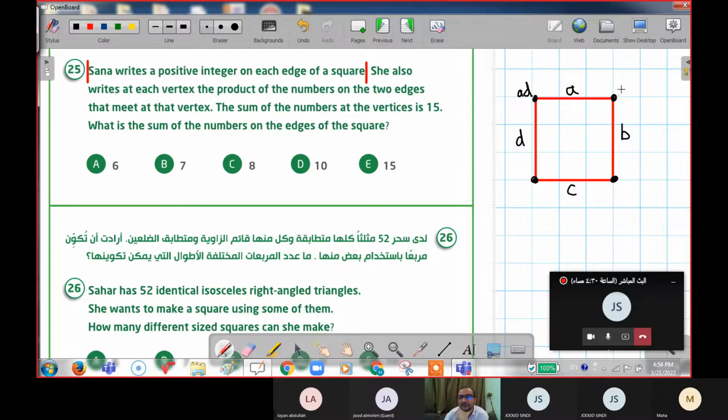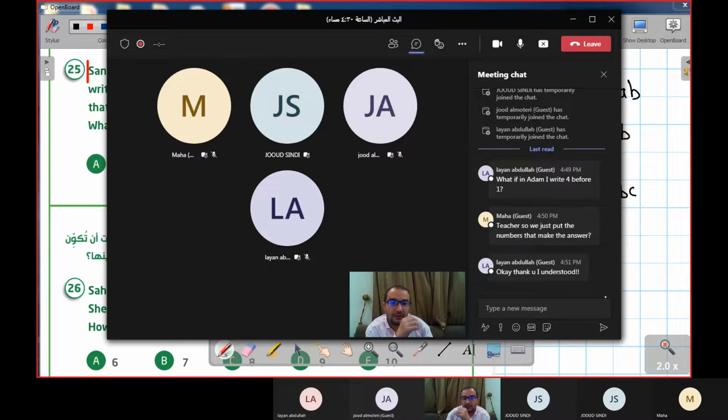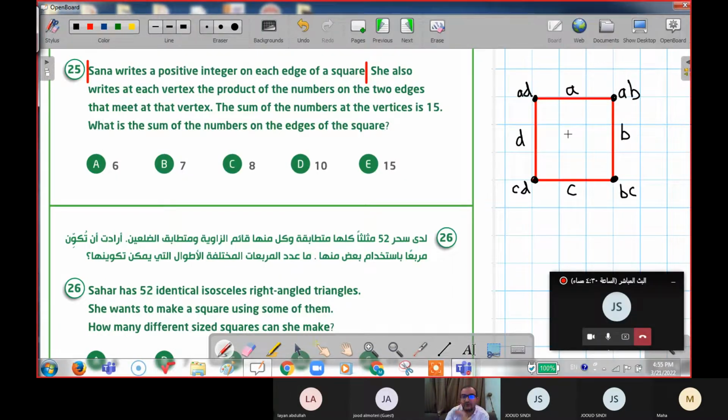The second one? It's AB. The third one? It's BC. And the last one, CD. Of course, if you say AB or BA, it's the same thing, because multiplication is commutative, which means A times B is equal to B times A. Do you have any question about the given, just this part?